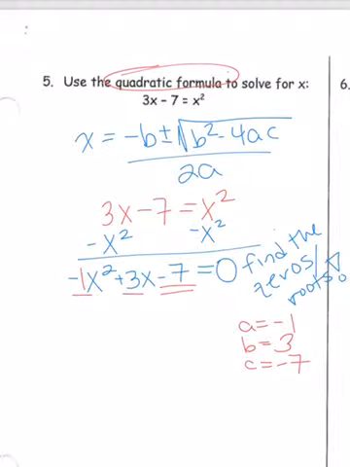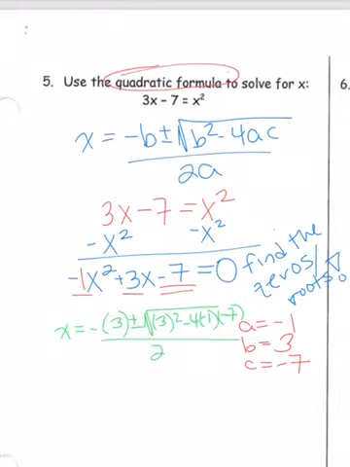Alright, I've got to fill in the quadratic formula here. I've got x equals negative 3 plus or minus the square root of 3 squared minus 4 times negative 1 times negative 7 all over 2 times negative 1.